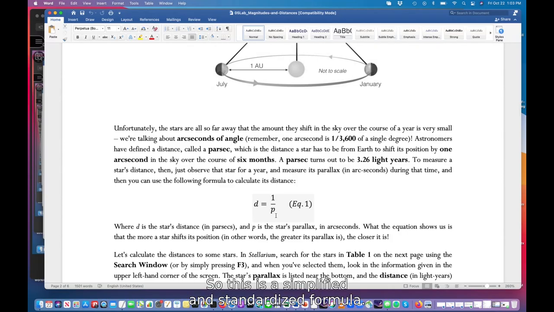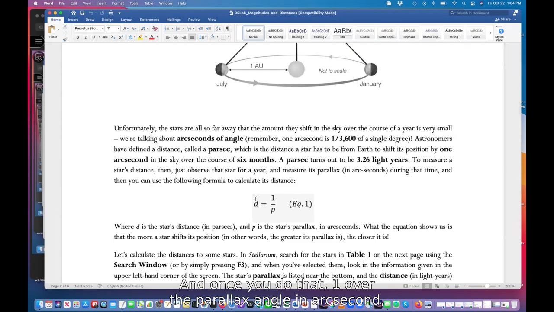So this is a simplified and standardized formula, and the parallax here has to be in arc seconds, okay? Has to be in arc seconds. And I will point out right now that the parallax angle given in Stellarium is in milli-arc seconds. So you have to do that conversion to arc seconds, and I'll explain that very quickly in a table.